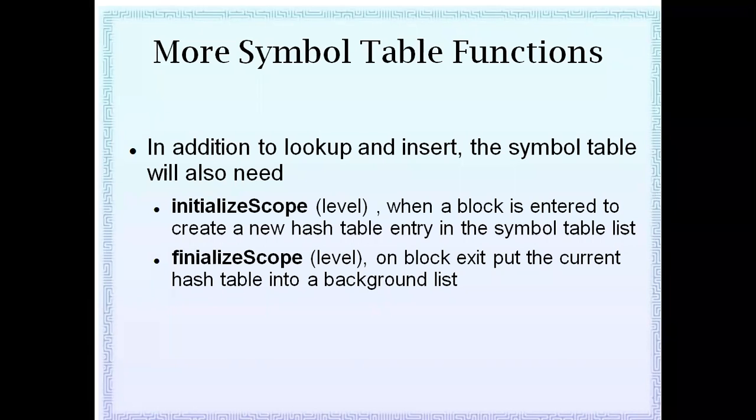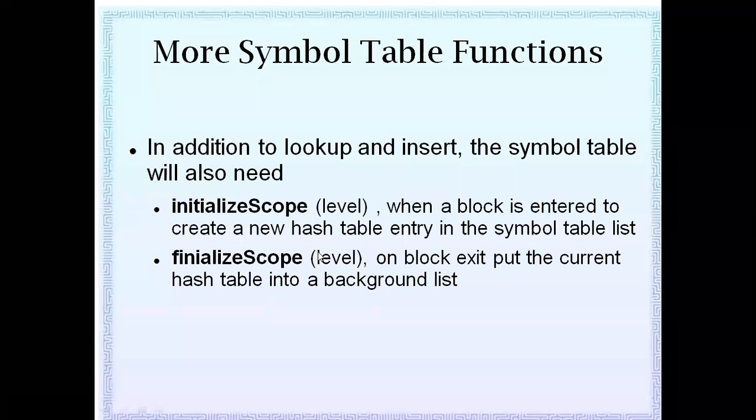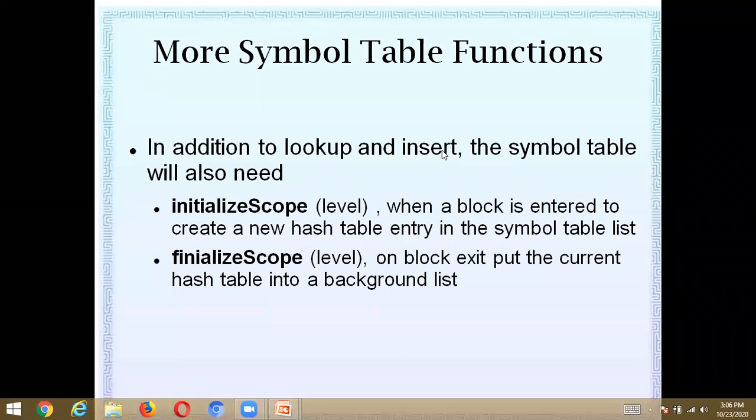All these are the data structures that we use for symbol table construction. When we are managing the symbol tables, we use two most important functions: initialize scope and finalize scope. At the start of the definition itself, I spelled out the word scope. Did you all remember that?